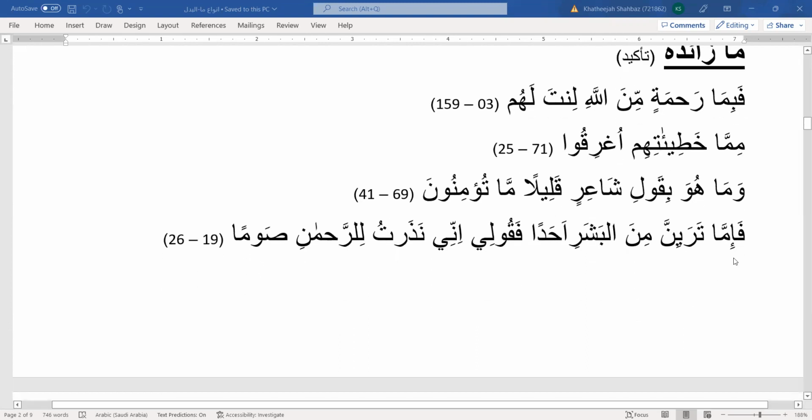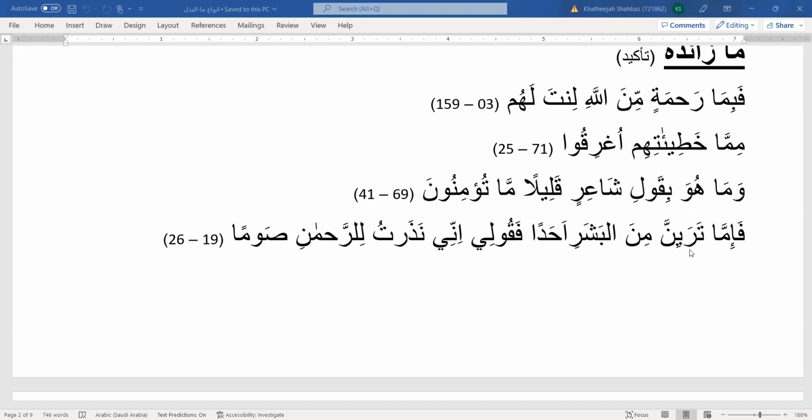Next one. فَإِمَّا تَرَيِنَّ مِنَ الْبَشَرِ أَحَدًا فَقُولِي إِنِّي نَذَرْتُ لِلرَّحْمَنِ صَوْمًا. Now where is ma here? This is the ma. It is made up of in plus ma. So if, I'm not translating ma here at this time.